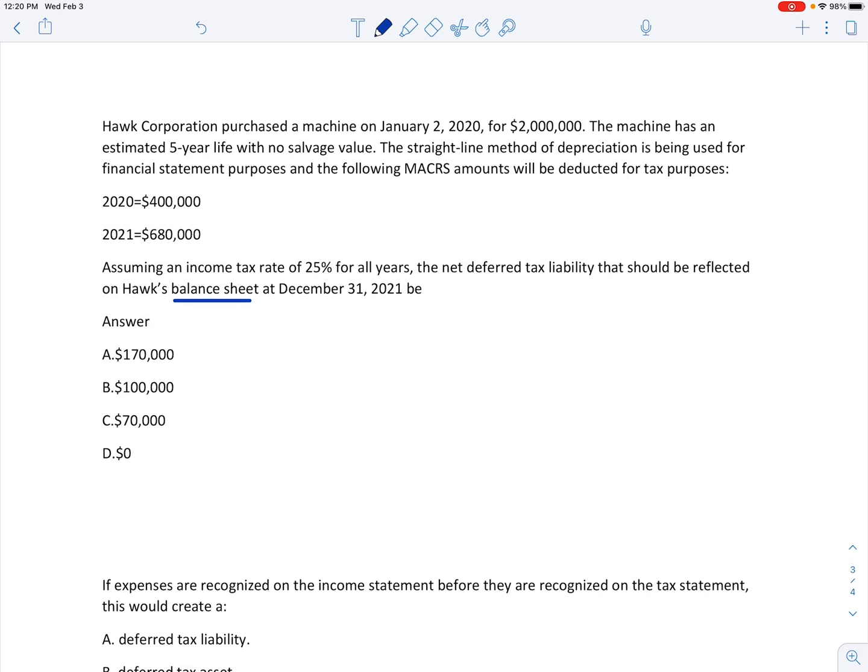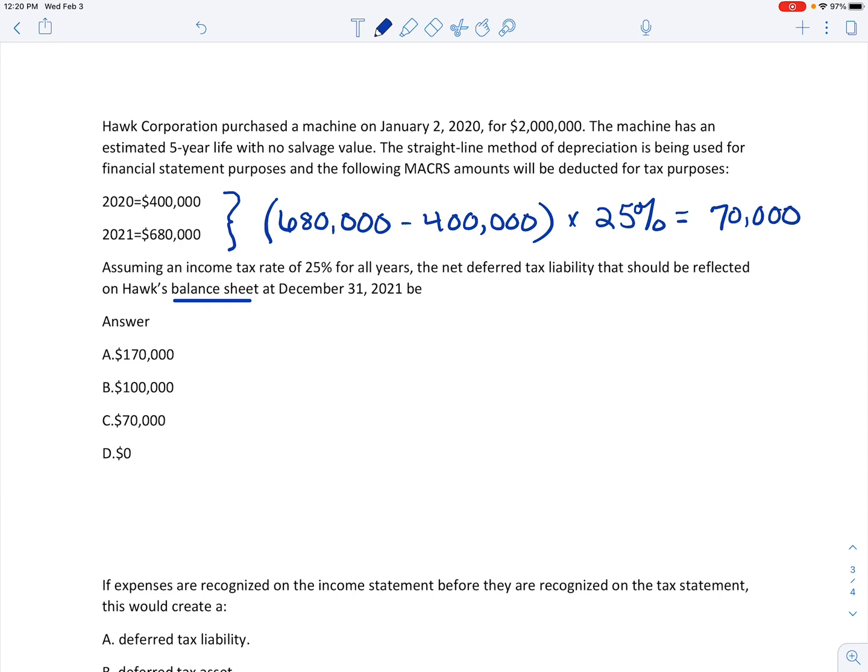The balance sheet is going to take into consideration that ending balance figure. So we look at the difference it created over the years, take that difference, multiply it by our tax rate, which would show me what the balance sheet is going to say today. Right now there's a $70,000 difference, which would be C.